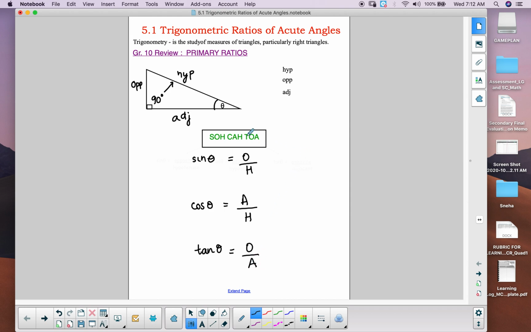So in order to remember these ratios as a formula and memorize it, we have this little box here, which is SOHCAHTOA, which means sine is opposite over hypotenuse, cosine is adjacent over hypotenuse, and tangent is opposite over adjacent. So it's just a simple way to remember the three trigonometric ratios.